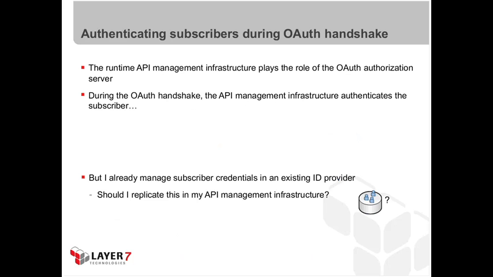And for most API providers, these identities exist before and independently of any new API. If these users already exist, you probably already have a way to check their identity. You might already be managing those identities in an existing identity solution and so on. But now you want to leverage these identities in the context of API access control. So maybe you should replicate these identities in your API management solution.